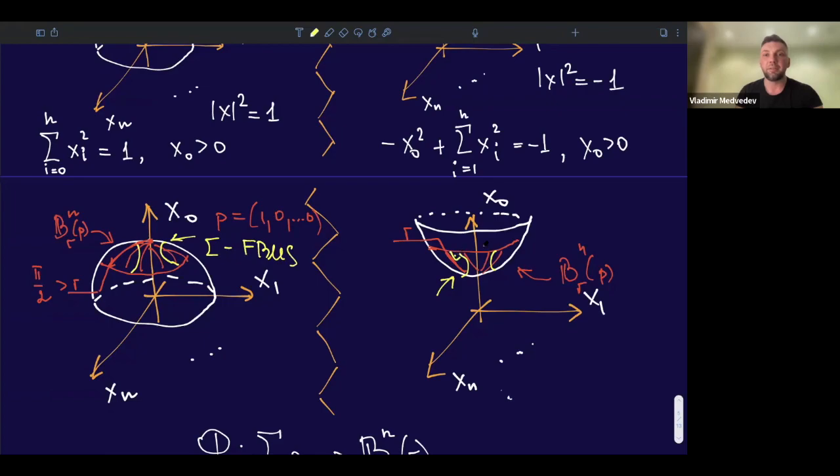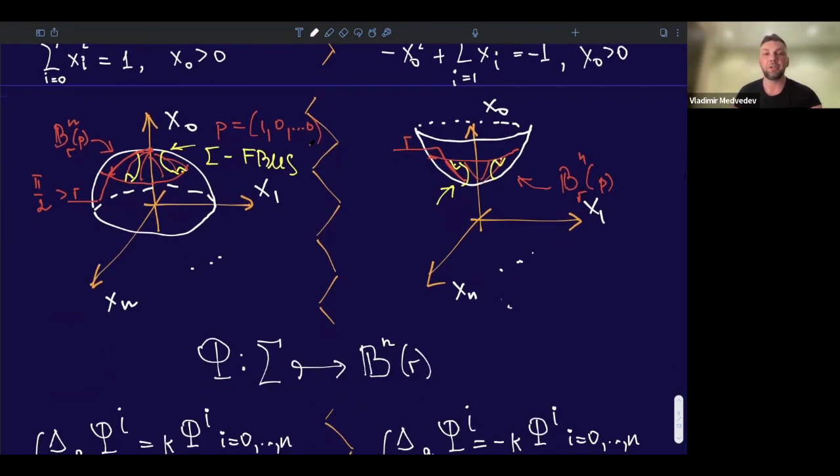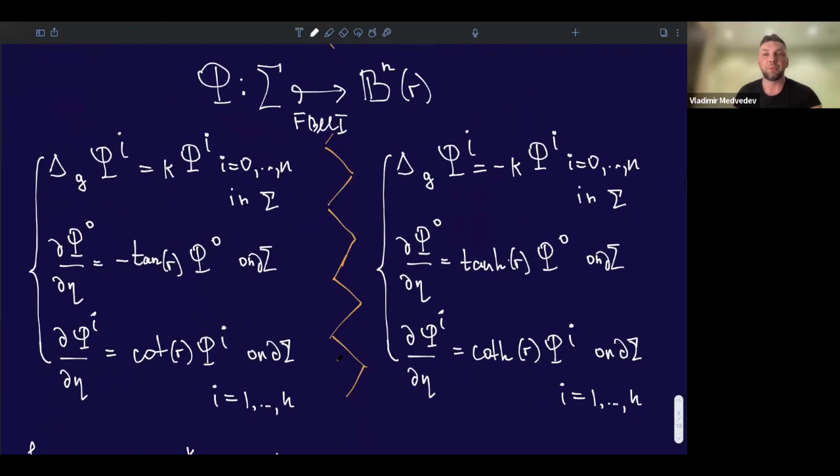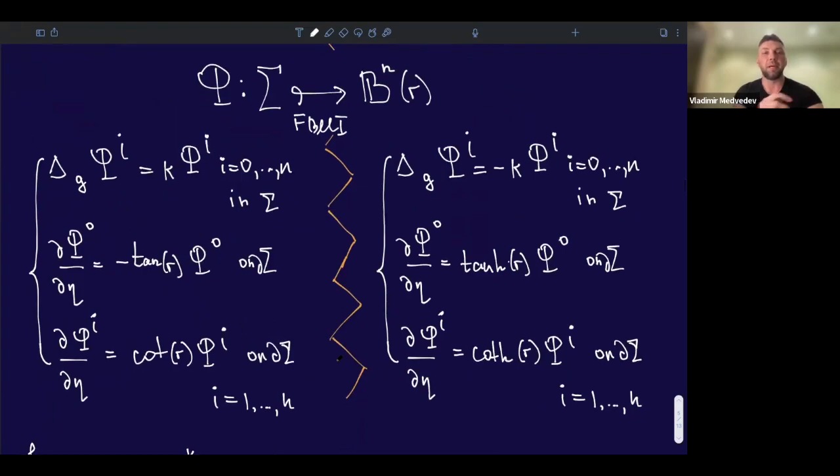So it meets the boundary orthogonally, and it turns out that in this case we also have a very nice description of these free boundary minimal immersions, which was first observed by Vanderson Lima and Ana Menezes, who gave a very nice talk here in the seminar about a month ago, I think.